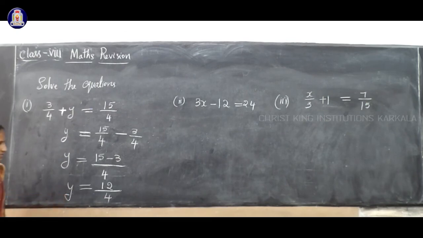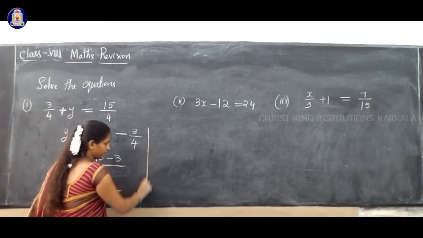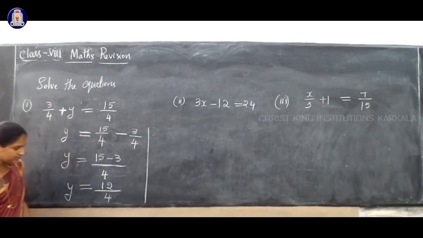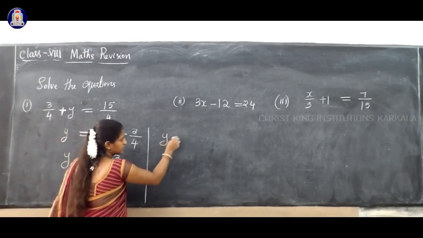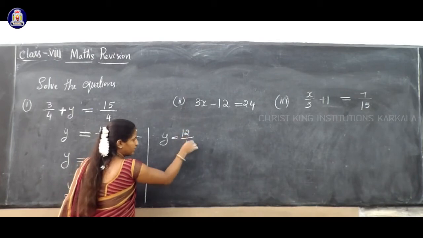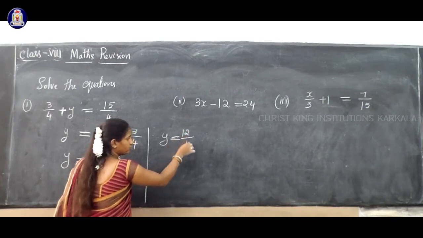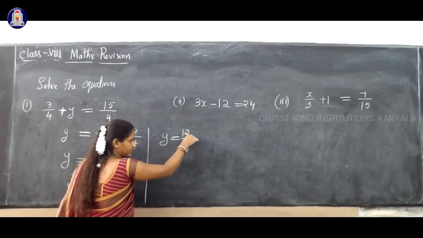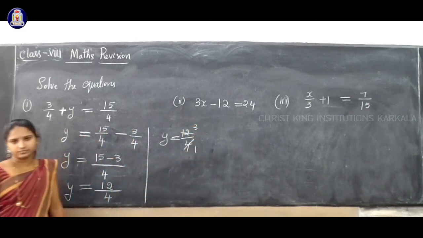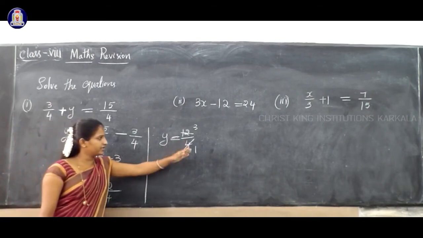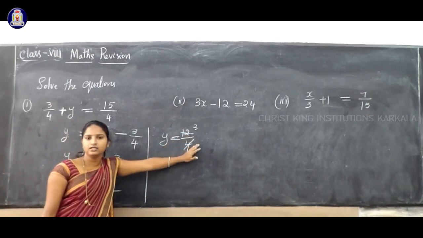So this you can simplify. 4 divides 12, isn't it? Yes, 4 divides 12. So write y is equal to 12/4. That means 4 how much are 12? 4 ones are 4, 4 threes are 12. Clear? Sometimes we cannot simplify because we get prime numbers.